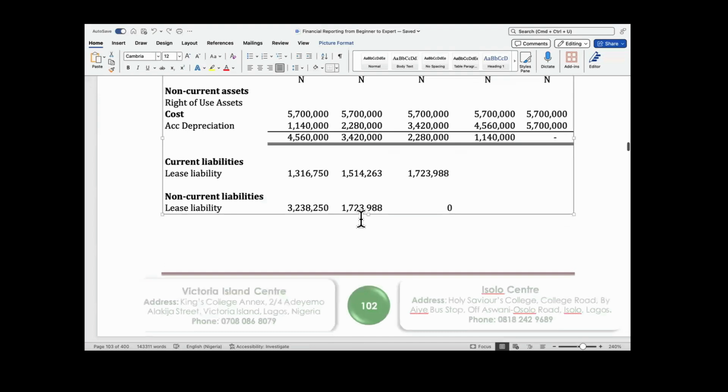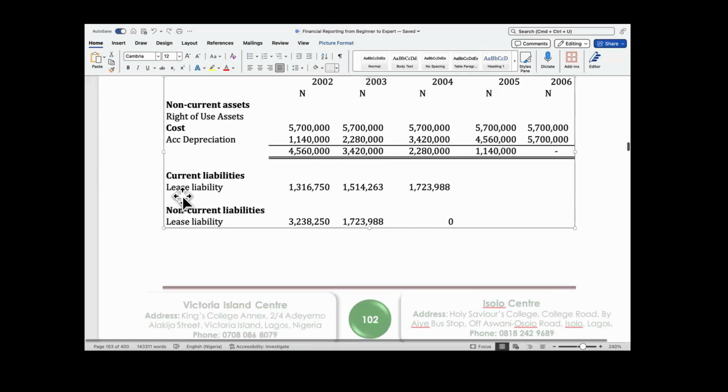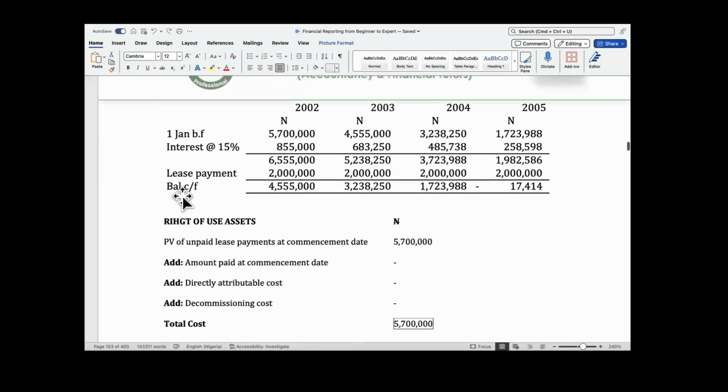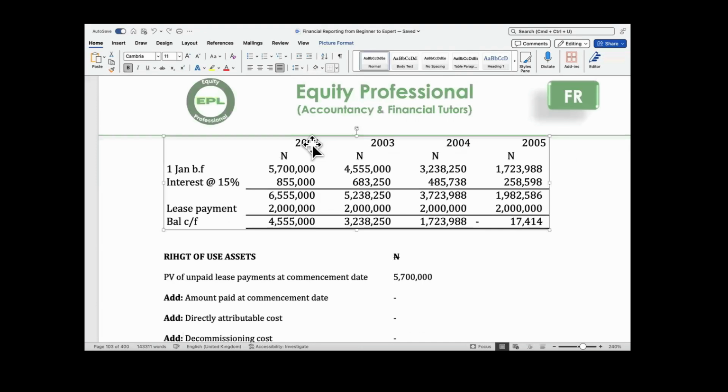Now, for the liability, we separated the liability into current and non-current. So why is this done this way? The reason is that if you look at 2002 here, our liability for 2002 is 4,555,000. And this liability, we are paying it, like, we'll pay some in 2003, some in 2004, some in 2005.